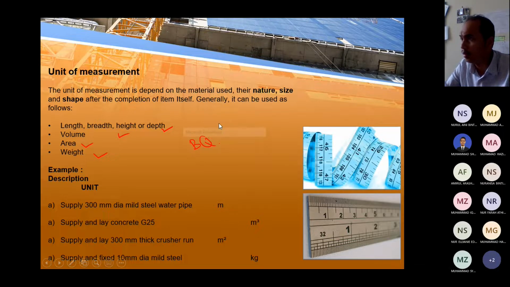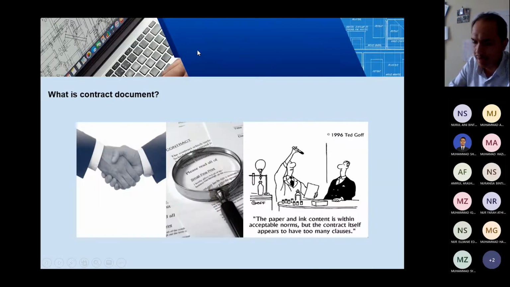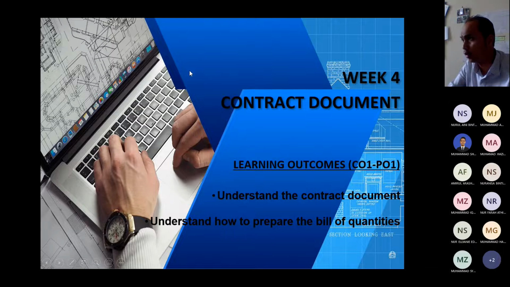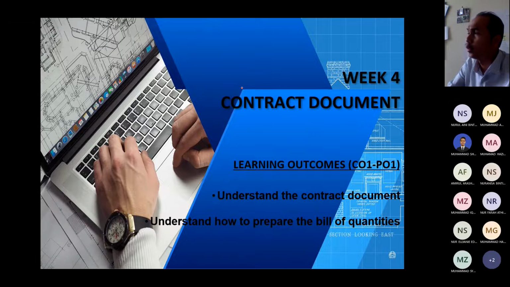So as I mentioned in our previous lecture, in the construction project life cycle kan, kita ada satu kontrak untuk ditandatangani lah kan, which is we call as a contract document.